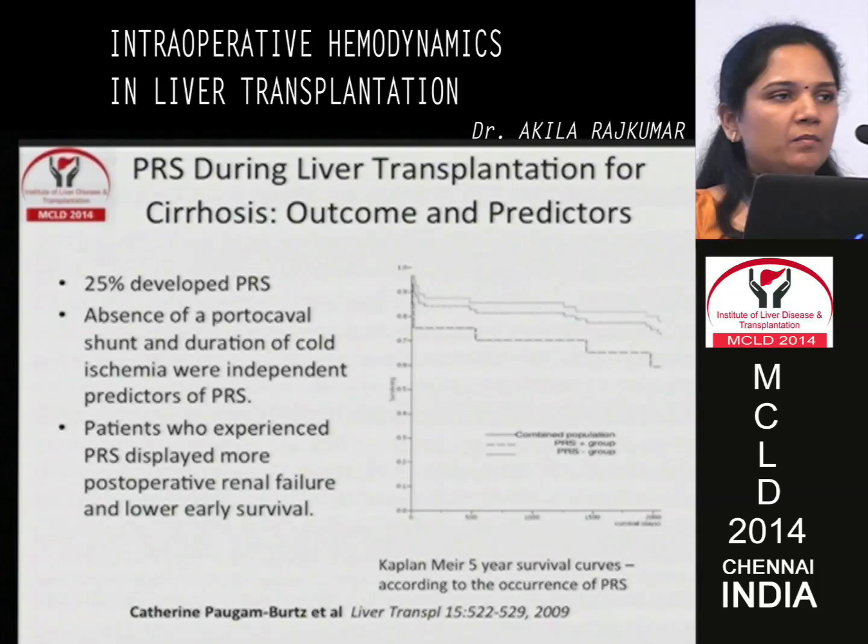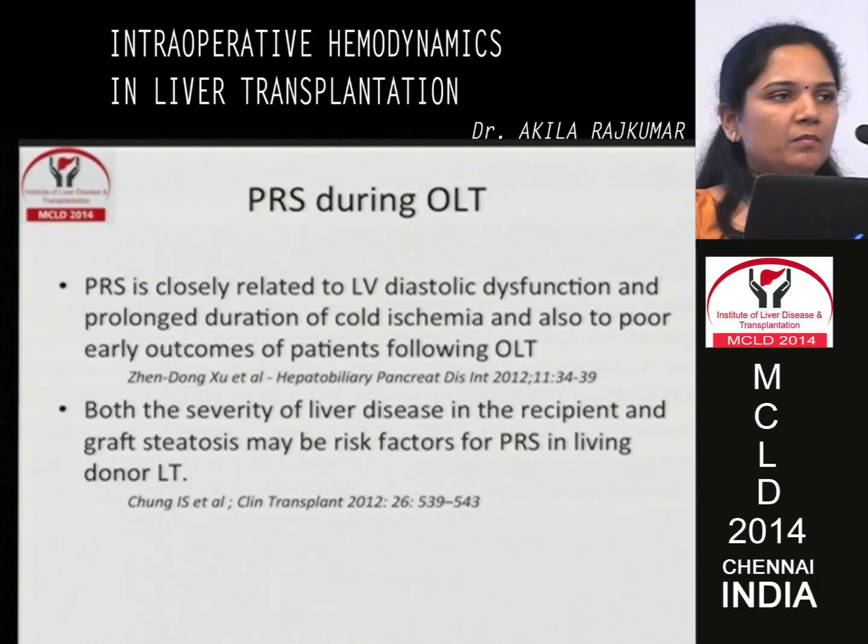So the study showing the outcome and predictors of PRS, the Canadian group, they showed 25% incidence of PRS. The predictors were absence of a portocaval shunt and the duration of cold ischemia. And it was also shown that patients who had developed PRS displayed more postoperative renal failure and lower early survival.